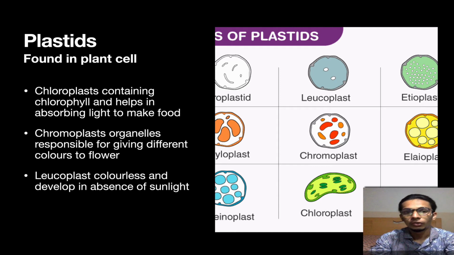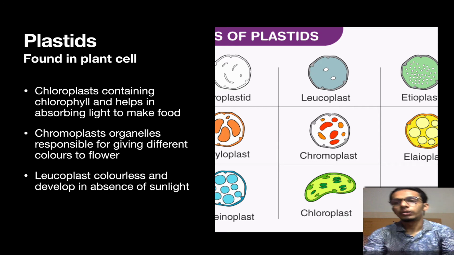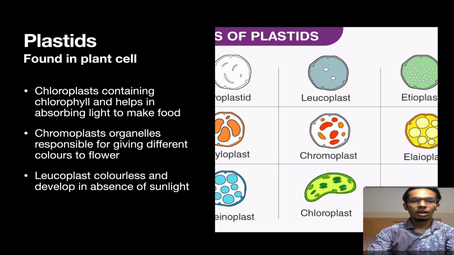Right now, chromoplasts are organelles responsible for giving different colors to flowers. As we see, we have many different colors in the flower. That's due to the chromoplast. These are the types of plastid. We have first chloroplast, which is also a plastid, chromoplast is also a plastid, and leucoplast is also a plastid.